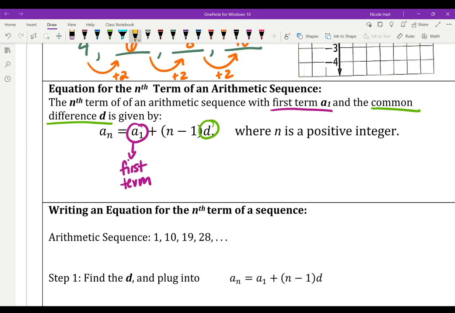And a sub n is the value of the term we want. So that's the final answer that we're looking for. And n is the number of the term, the term number. So if it's the 5th number, the 100th number, all of that.